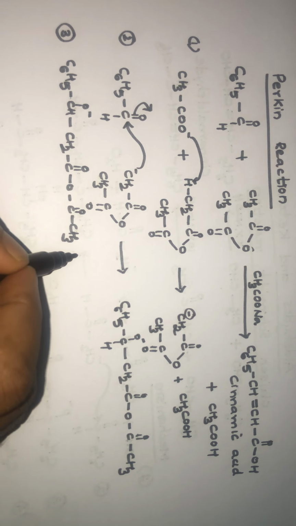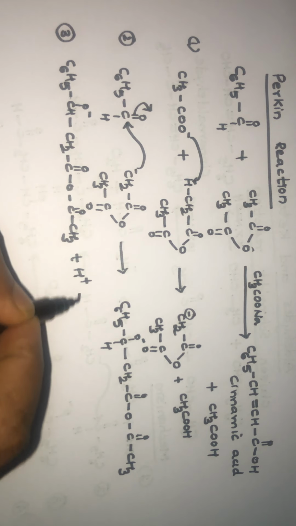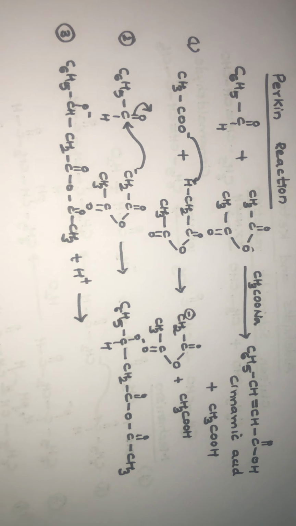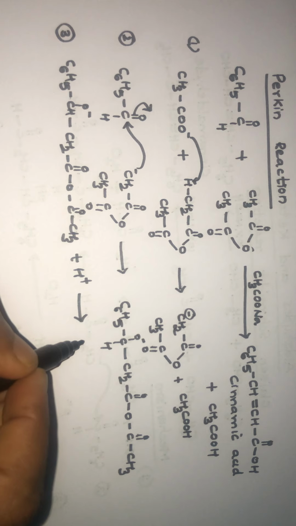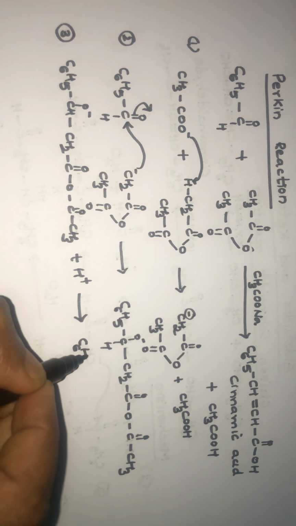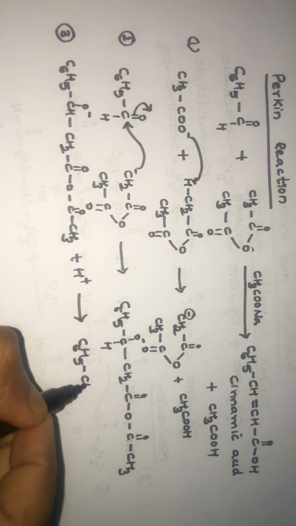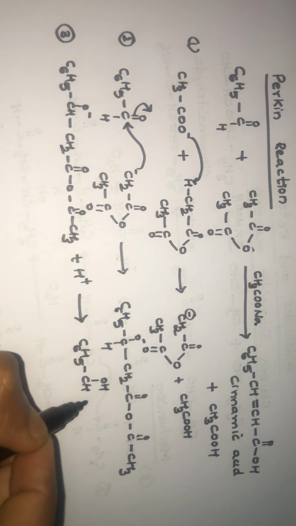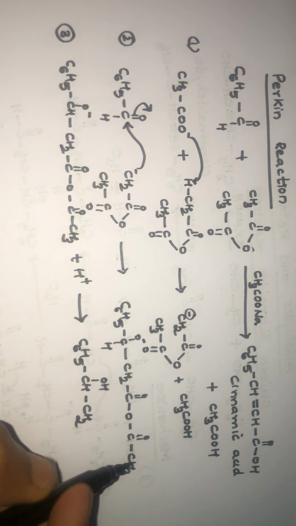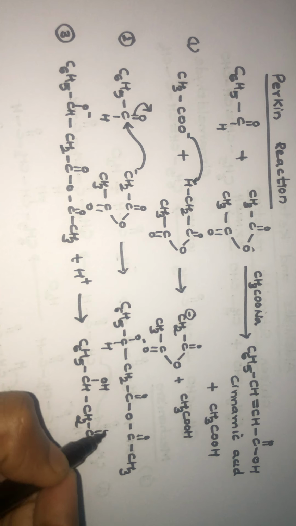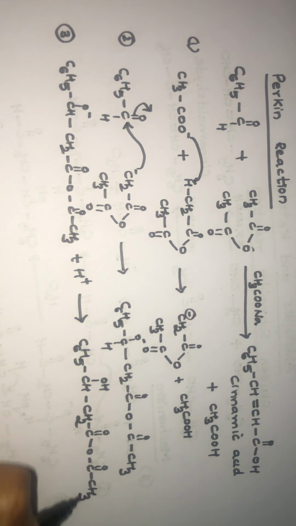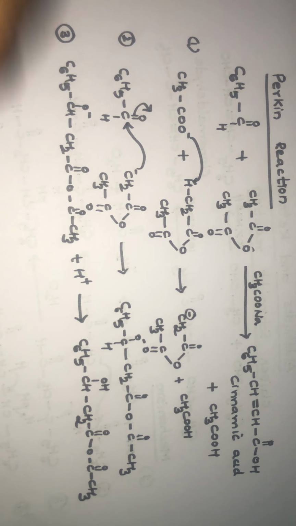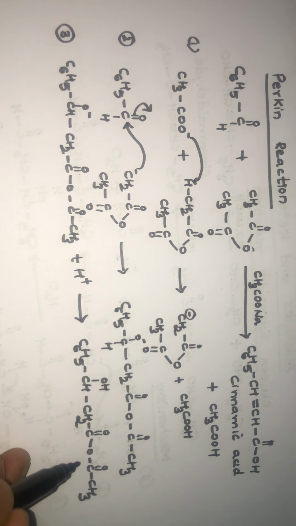It takes up a proton from the acid that is formed in the first step, to form C6H5 CH OH, CH2, C double bond O, O, C double bond O, CH3. This molecule is what you can call a hydroxy acid anhydride.